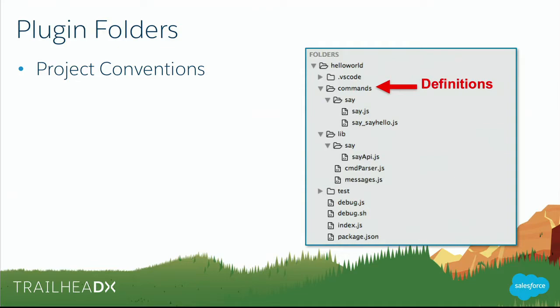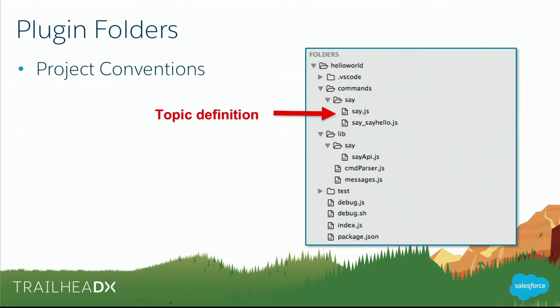The previous slide was a plugin definition. These are command definitions. Within the command definitions, I'm going to organize my commands under folders that correspond to the topic. This is purely a convention. There's nothing enforceable about this, but it is a nice way to organize and easily navigate your project.